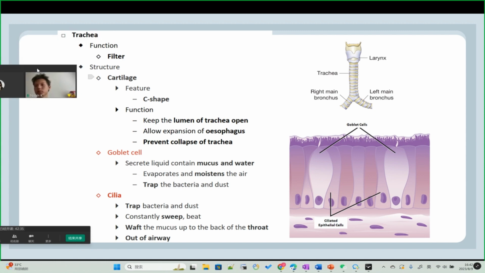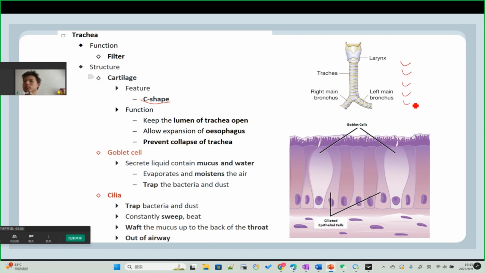And here's the more specific structure of the trachea. We say the trachea contains cartilage, which is kind of like bones that support our trachea. Although both the trachea and bronchus contain cartilage, the shape of the cartilage is slightly different. For the trachea, we describe it as C-shaped. As you can see from this graph, it's shaped like this.